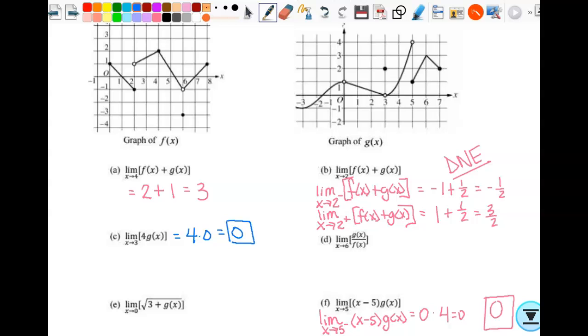So then we look at D. Does the limit of g of x as x approaches 6 exist? Yes. Does it exist for f? Yes. Okay. And f is not 0, so we can actually do this then. What is the limit of g of x as x approaches 6? 3 over -1. That gives us -3.